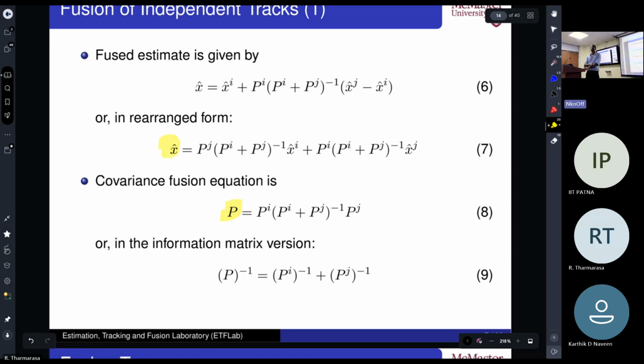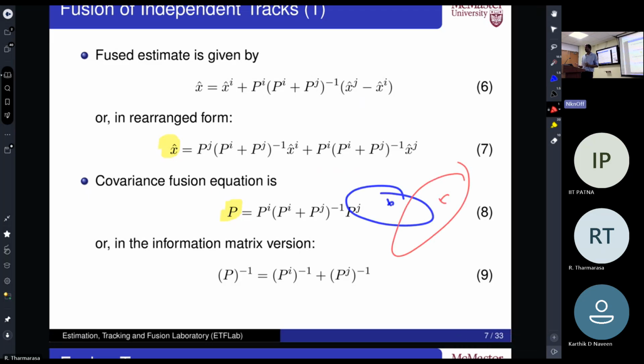So I have one estimate here and the other one is here. We decided that both of them are coming from the same target. By fusing these two, I want to say that this is the updated state.